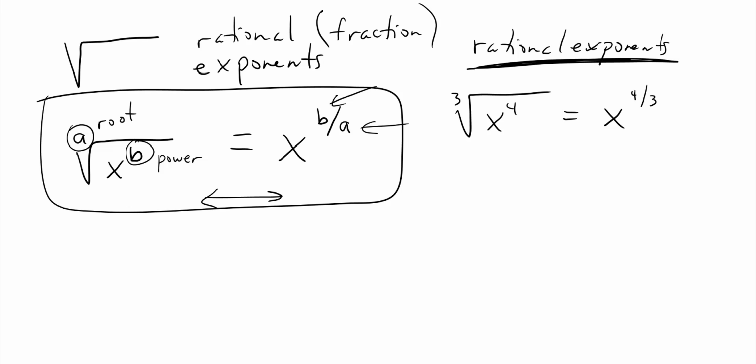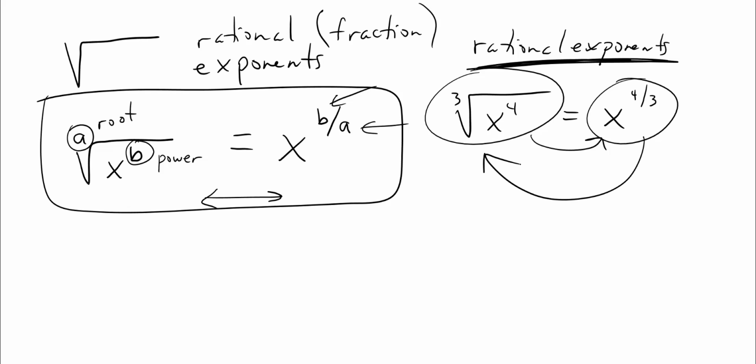That's a rational exponent. That's all you're doing. I could give you this and you come up with this, or I could give you this and you have to come up with this. So we're going to play around a little and do both, and show you how both of them work.